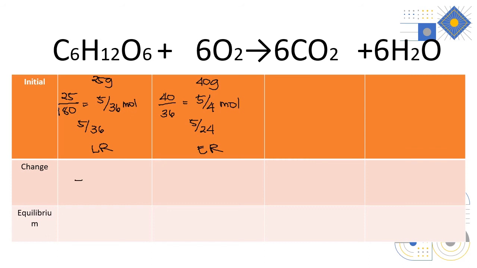So we have to subtract this by 5 over 36. And on this side, we have to subtract 6 over 1, because 6 is the coefficient of oxygen divided by 1, the coefficient of glucose, times your 5 over 36. And that is the same on the product side, but we will use addition.